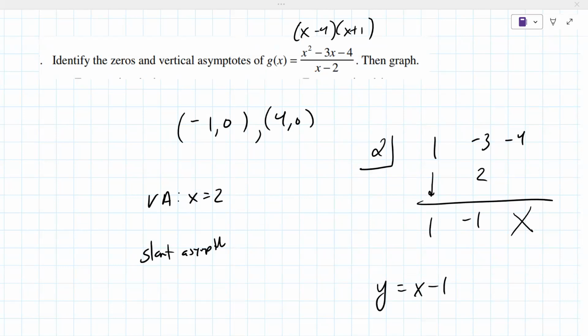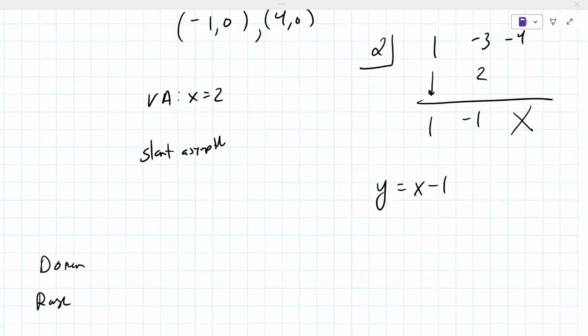If there's no holes, the domain would be negative infinity to 2, not including 2, then 2 to positive infinity. And it's just broken up by the vertical asymptote, right? Yeah, that's what you said. Now the range is a little bit harder.